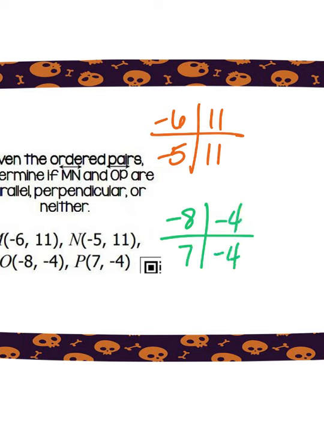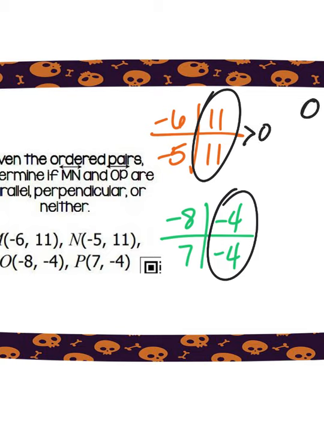Hopefully you're noticing that the y values are the same on both of those ordered pairs. This means that the change in y is going to be a 0, which means the numerator is a 0. And then that means the denominator, it doesn't matter what it is, because you're always going to get 0 back.